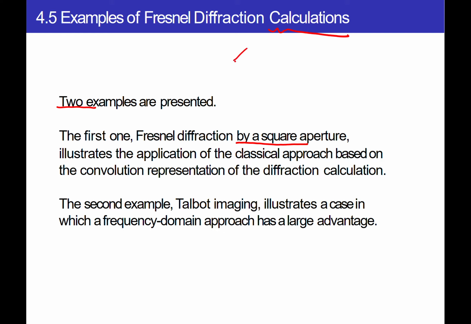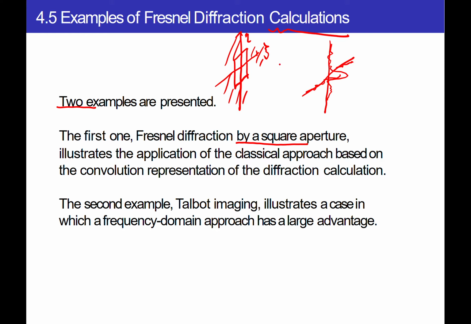Remember that in the case of Fraunhofer, we have this aperture. And you can see at the plane we get a sinc function and a sinc function, like this.